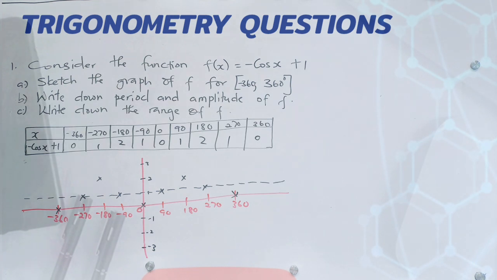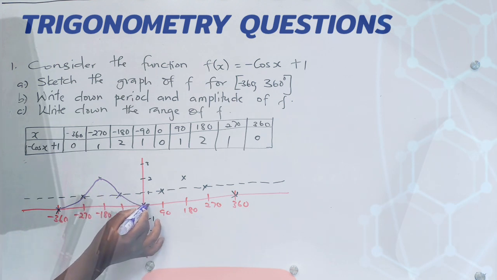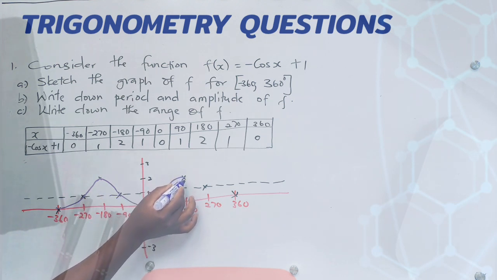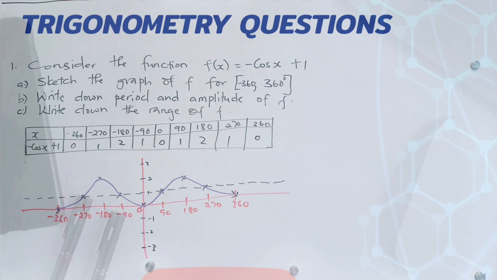So our graph is like this. That's our graph of minus cos x plus 1.